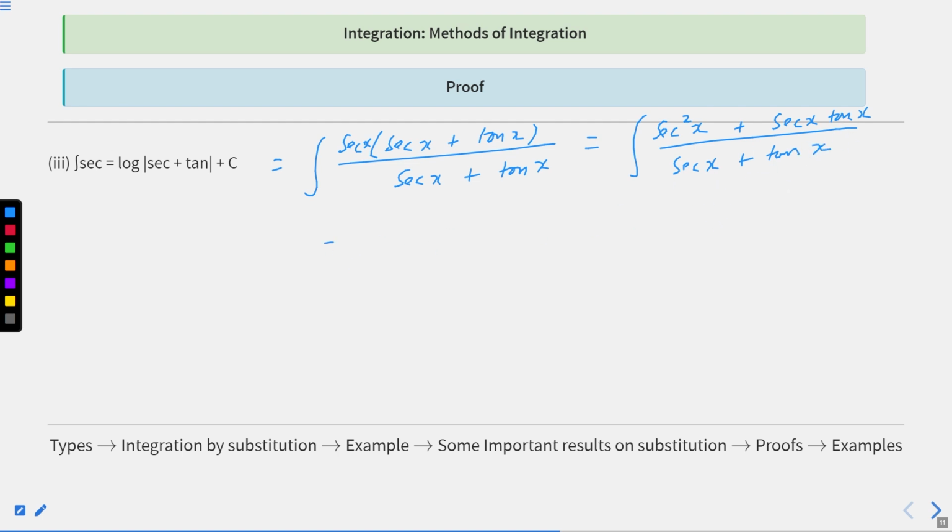Now separate them. What you can have is the integration of sec square x divided by sec x plus tan x, plus integration of sec x tan x divided by sec x plus tan x.